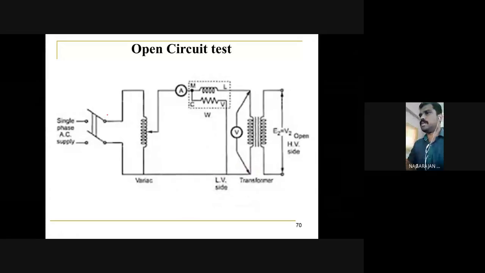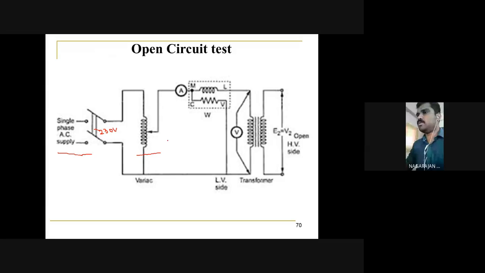We have to give the connections as per this circuit diagram. We have an AC source, which can be taken from the board that we are going to connect, and this is an auto transformer. This supply will give you 230 volts fixed voltage.